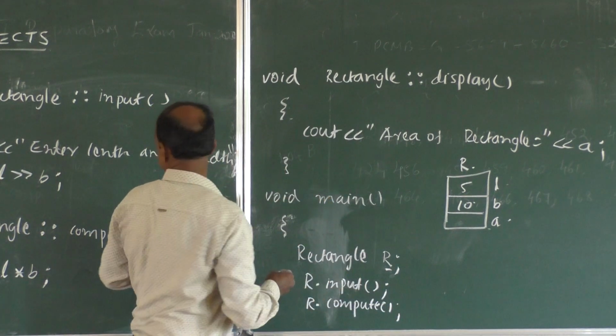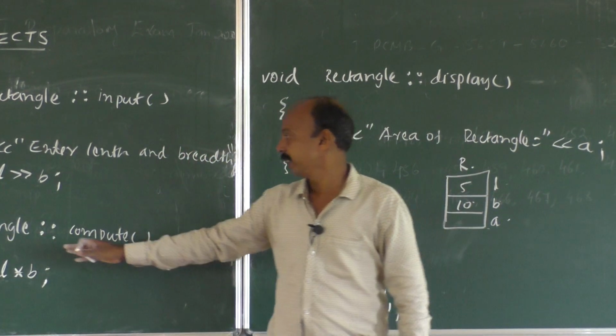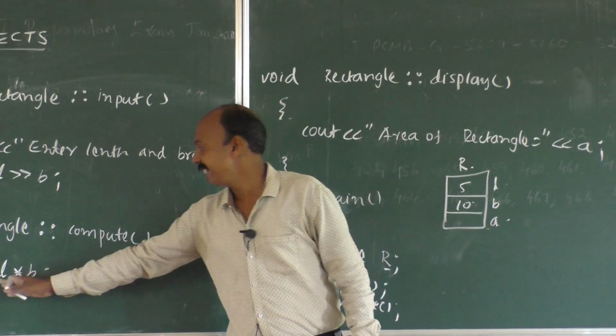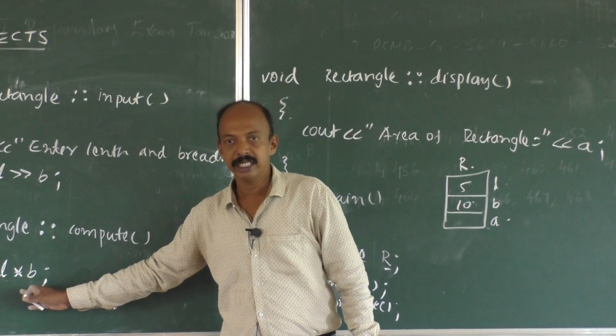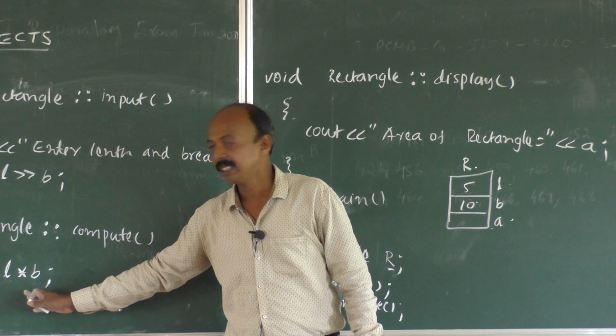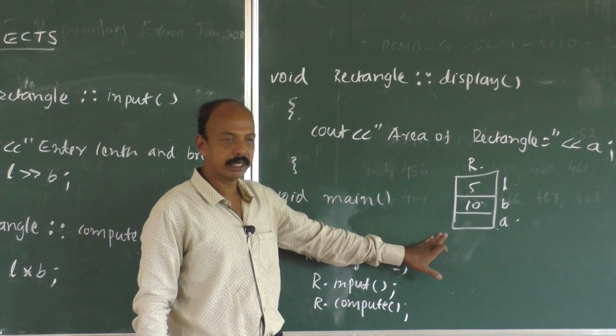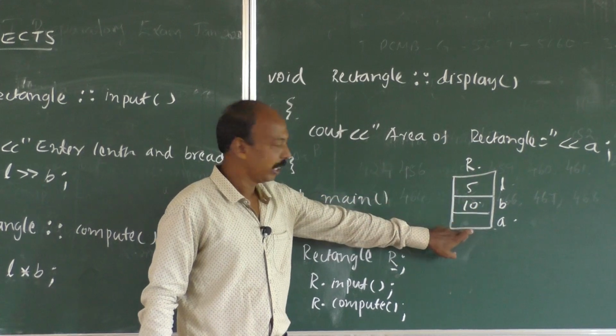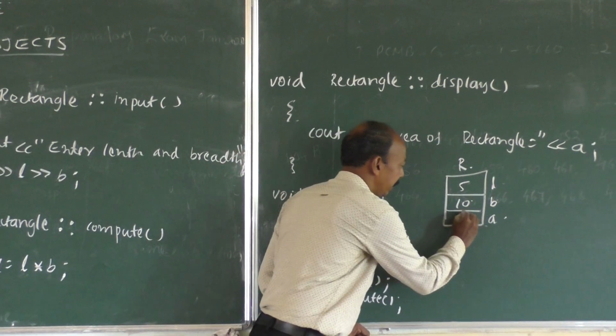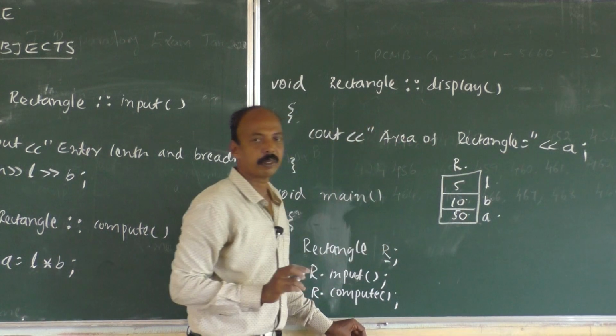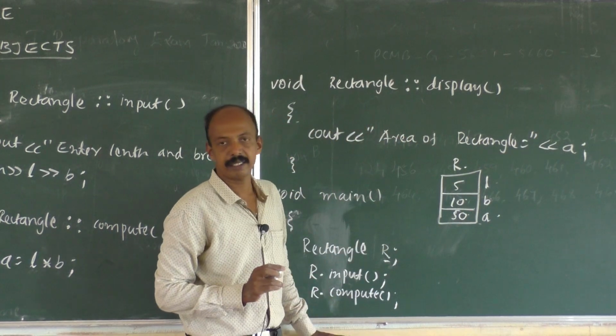So the control will be transferred to the second function, that is compute. A is equal to L into B. Length and breadth will be multiplied and the answer will be stored in A. So here we have that box, length, breadth. This will be calculated. It will be 50. Okay, calculation part is done.